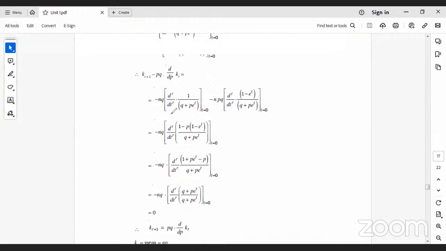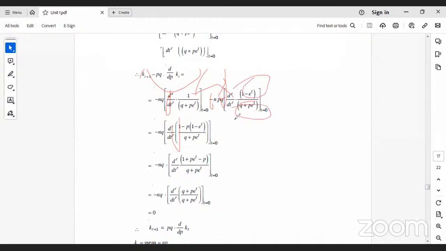Minus nq d power r by dt power r of 1 plus 1 by (q plus p e power t), minus npq. Since we did minus here, minus npq d by dt power r of e power minus t. So simplification: I am taking minus nq common here. Therefore d power r of (1 minus p) times (1 minus e power t) by (q plus e power t).